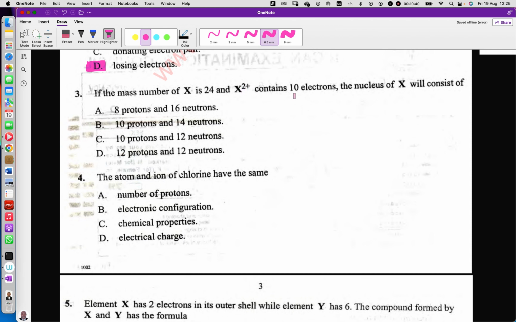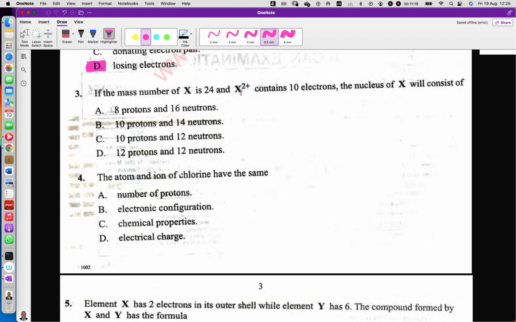Then initially, the number of electrons was 12. So if we add the 2 lost electrons to the 10, it is supposed to be 12 electrons initially. And 12 electrons is equal to 12 protons. So the nucleus of the atom is supposed to have 12 protons. And protons plus the neutrons give the mass number, 24. Therefore, the number of neutrons is also 12, because 12 neutrons plus 12 protons give us 24. So the nucleus is supposed to have 12 protons and 12 neutrons.